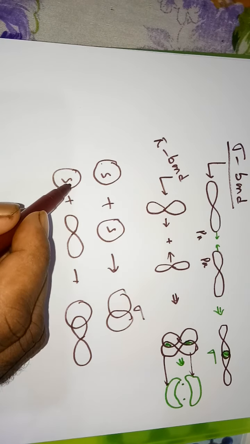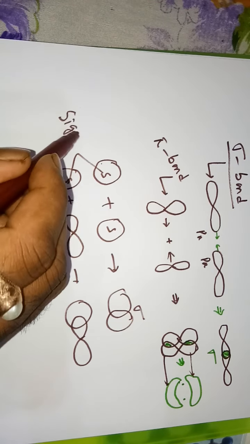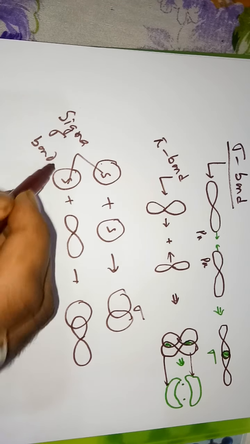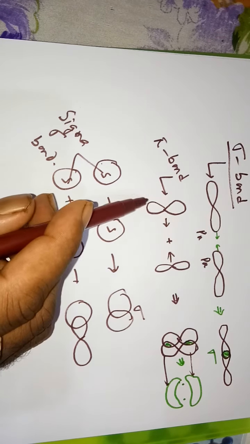So s always gives sigma bond. And pi bond is formed when sidewise overlapping of p orbitals takes place.